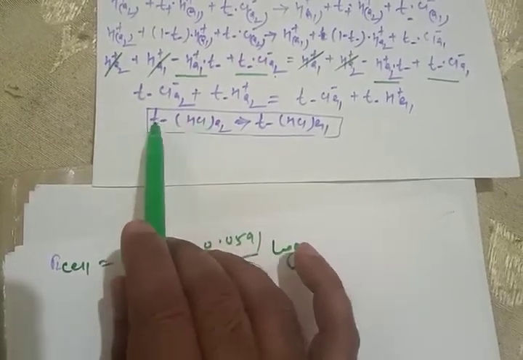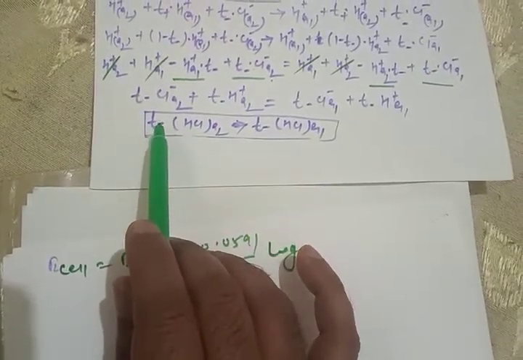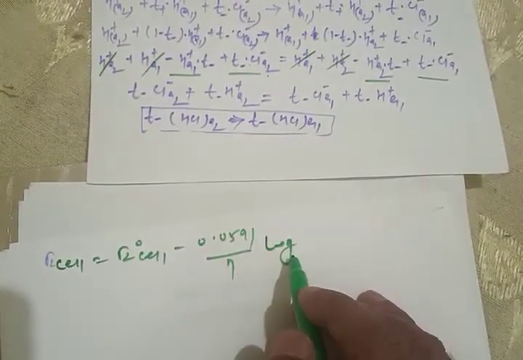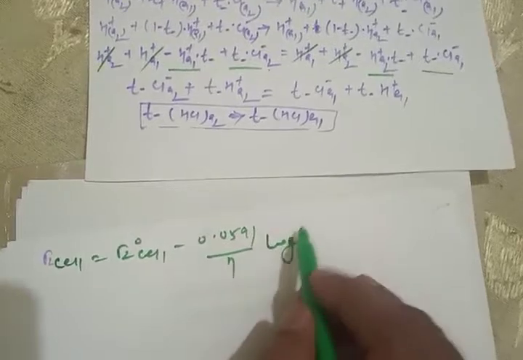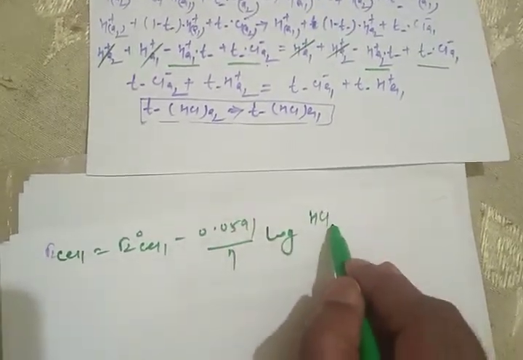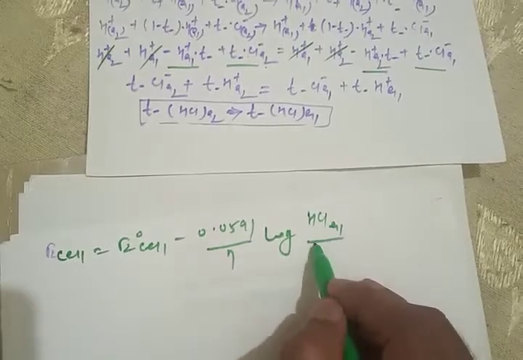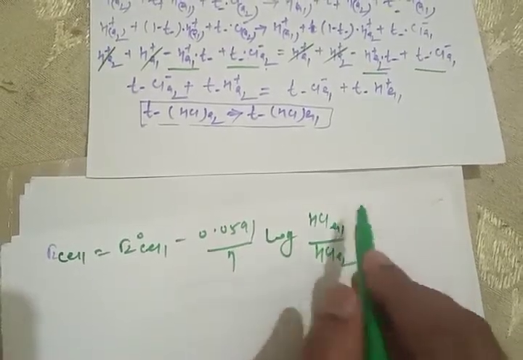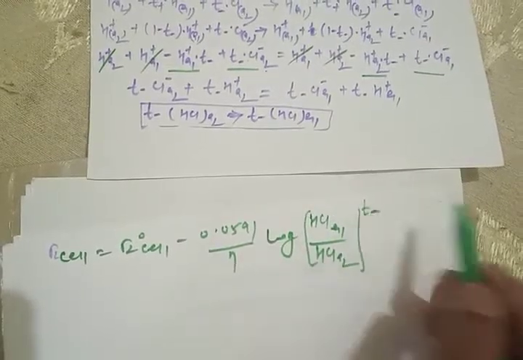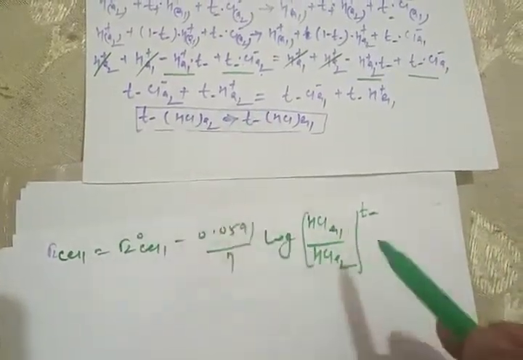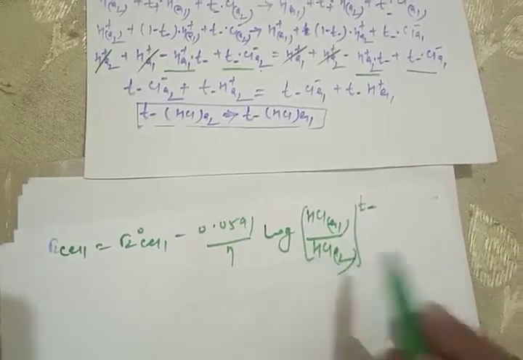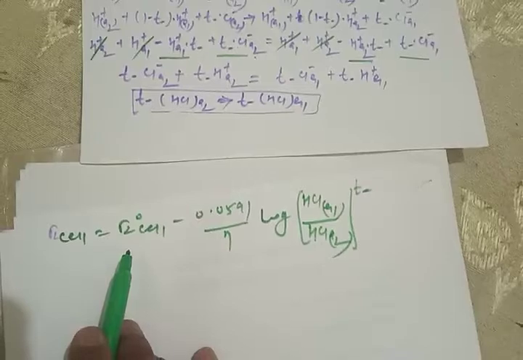So this is actually a coefficient, and a coefficient always comes into the power when we write the Nernst equation. So here HCl A1 upon HCl A2, and the whole is to the power T minus, because both have the same powers we can write it as 1. So HCl A1 HCl A2.